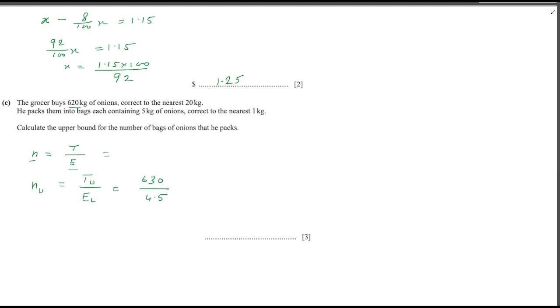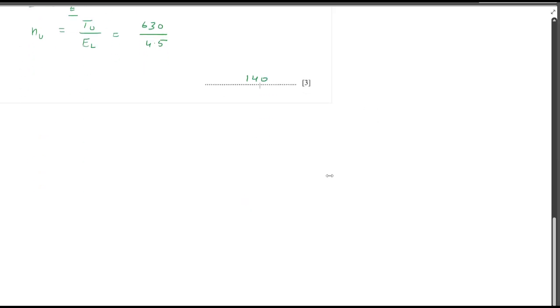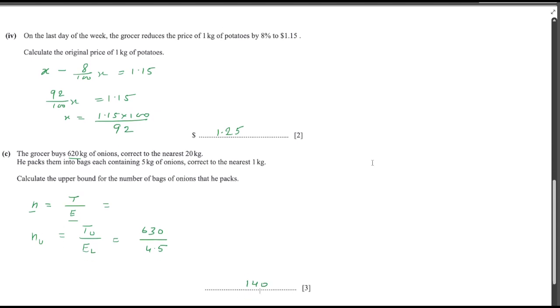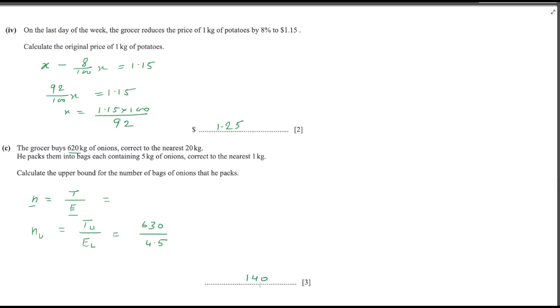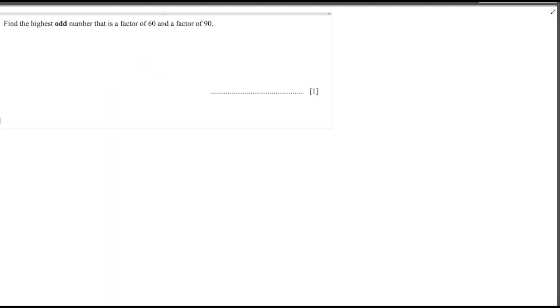So 630 divided by 4.5. 630 divided by 4.5 is 140. So your answer is 140. So number of bags are 140. They are a little confusing questions, interesting questions.